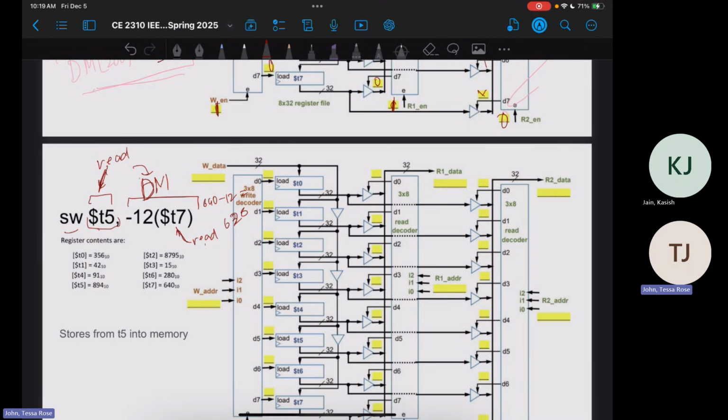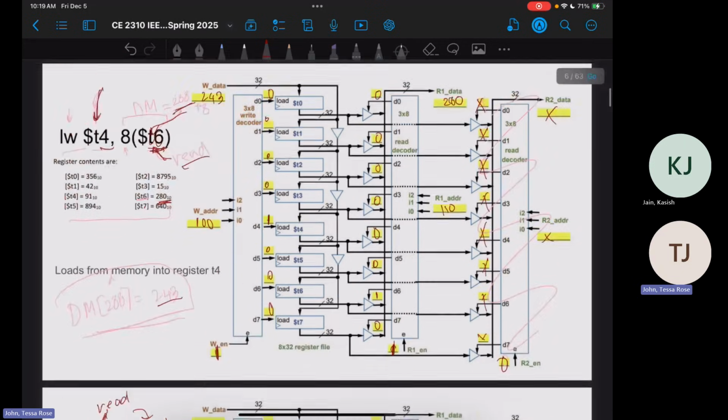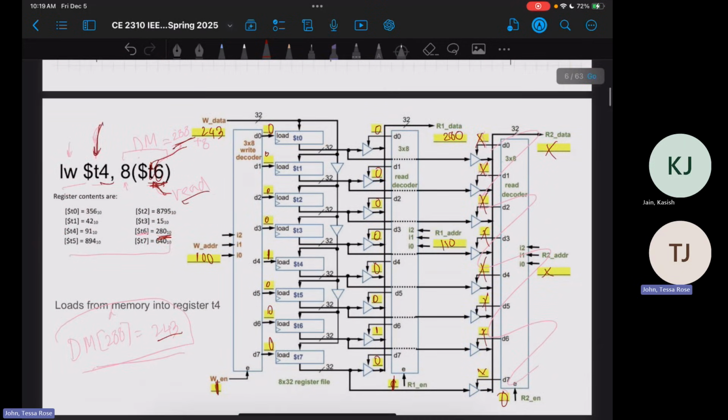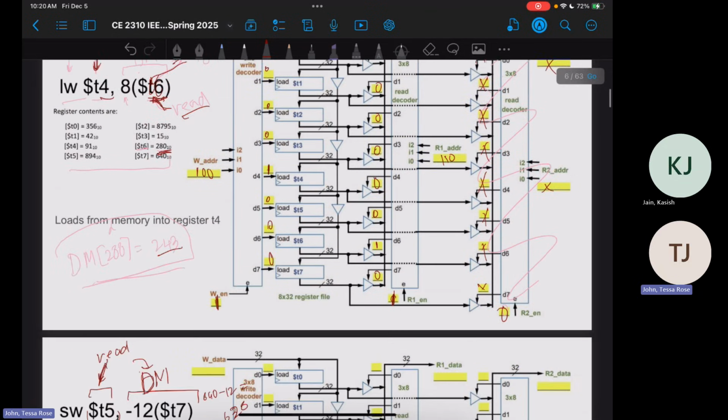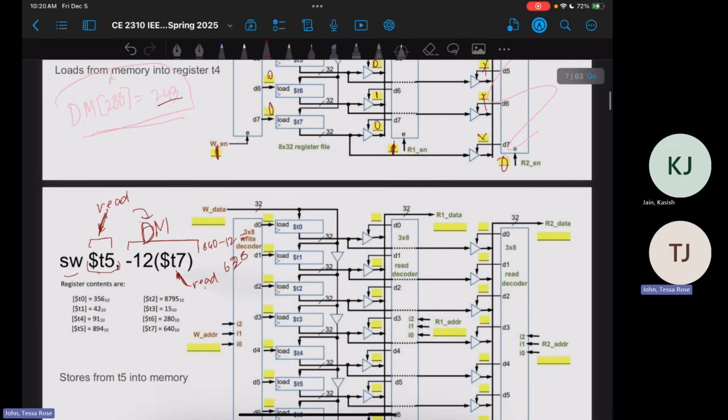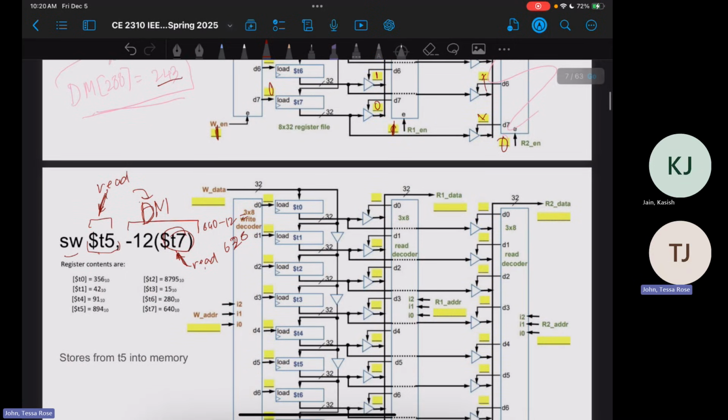Sorry, give me 1 second. No, I said it wrong. The 6 is here, not on the furthest away. It's right here, right? Which is the read. So same thing. The register file from the data memory equation, that one would go here. So T7 would go here.